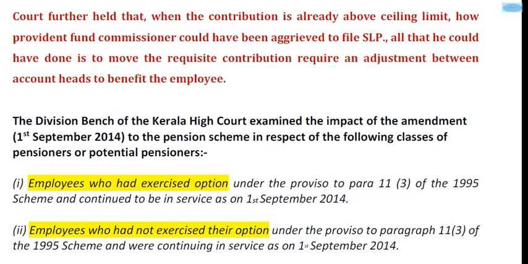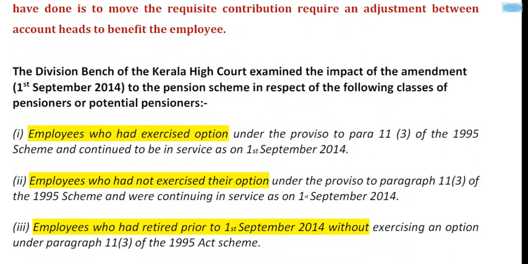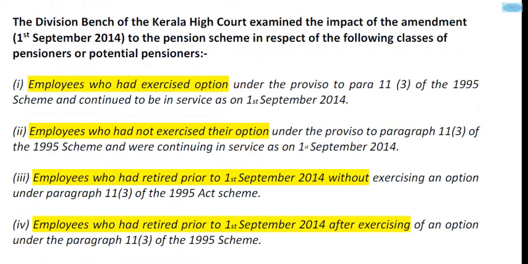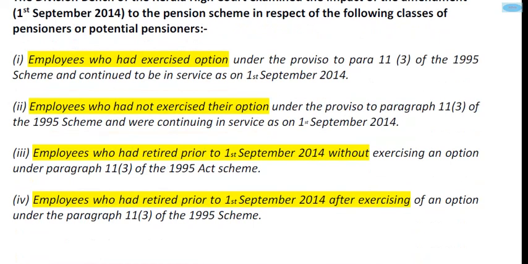Okay. So what did it say? Employees who had exercised the option and continued to be in employment. Then it also considered employees who had not exercised the option and continued to be in service, employees who had retired prior to 1st September after exercising the option, and employees who had retired prior to 1st September without exercising the option. These are the four things that it considered.